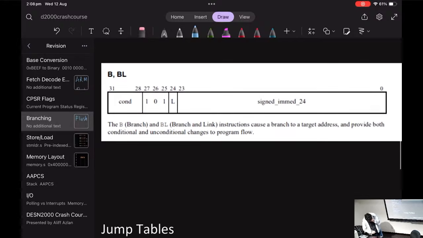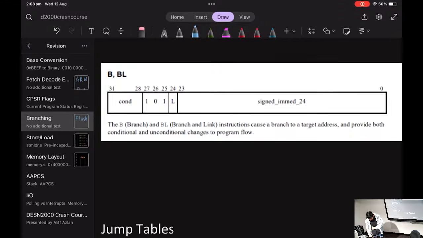So this is another disadvantage I want to talk about with branching. I pulled this off from the ARM manual. There's a big ARM manual, and we have this table here, and it shows you how an instruction is formatted.